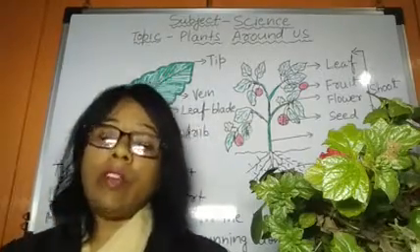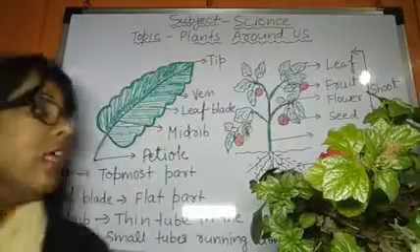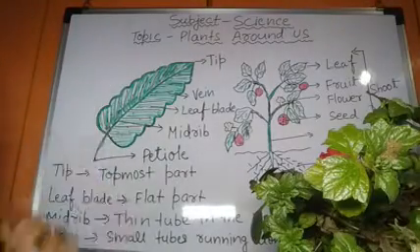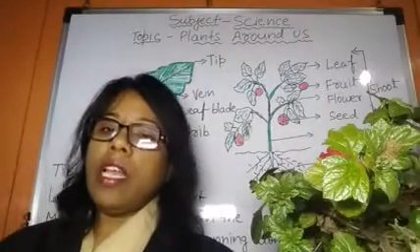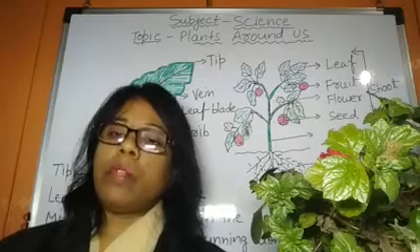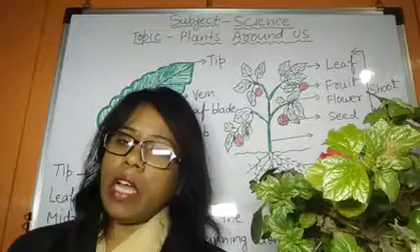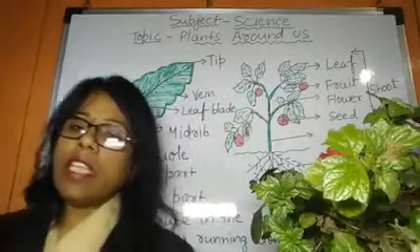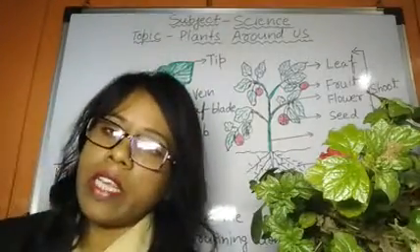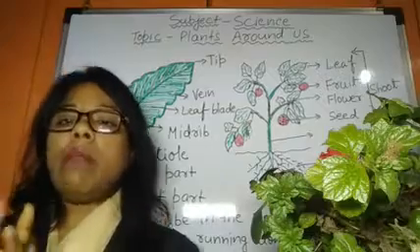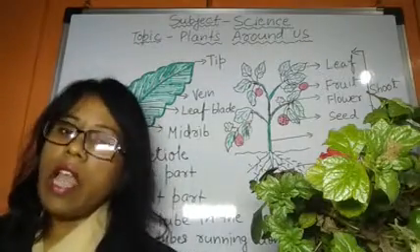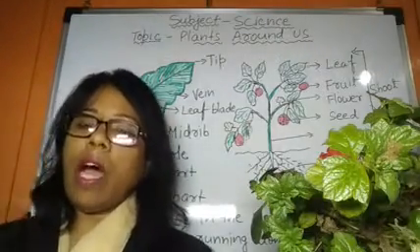And one more very important thing is that the green color of the leaf is because of the presence of chlorophyll. Chlorophyll is a pigment, a type of chemical. With the help of all these things, the leaf makes food for plants.